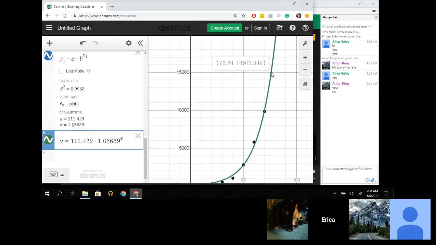So at 80 years, in 2010, if I can get there, there we go. The GDP, that would be in the trillions, right? Because this is billions. 19 trillion and 67 billion if the trend continued.